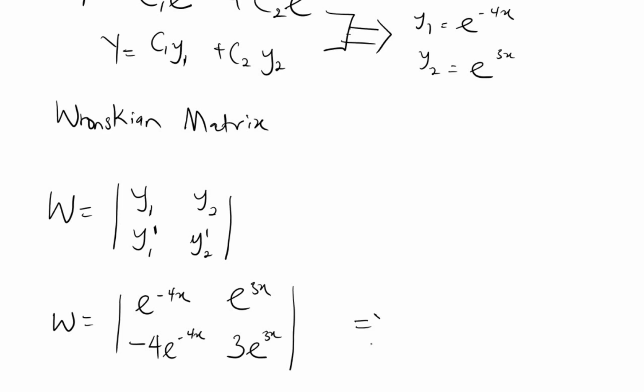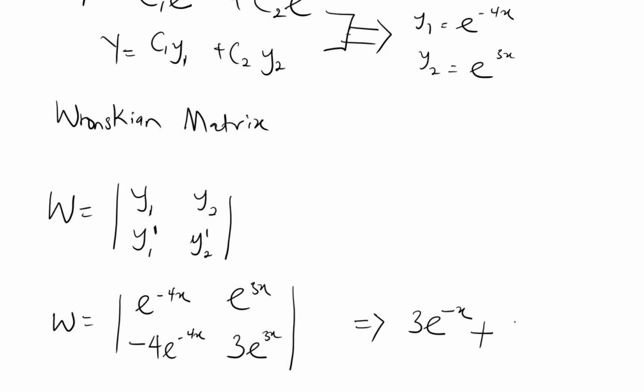So this is the determinant of this matrix. Here I will have exponential of minus 4x times 3 exponential 3x, then minus minus 4 exponential of 3x times exponential of minus 4x.